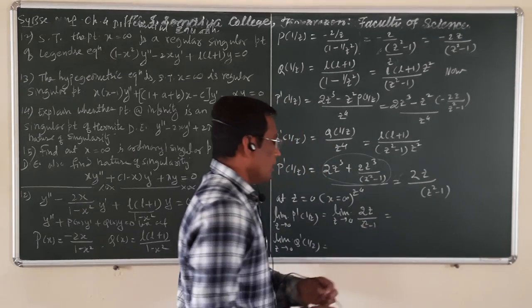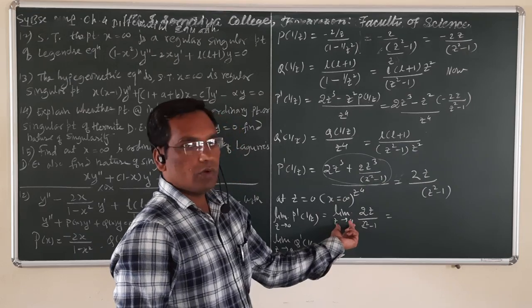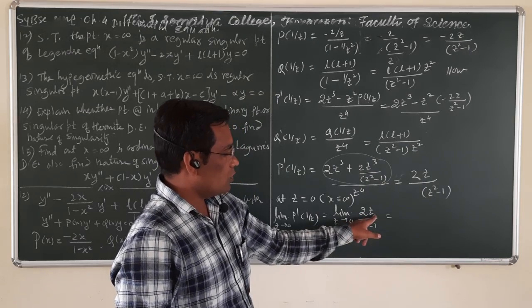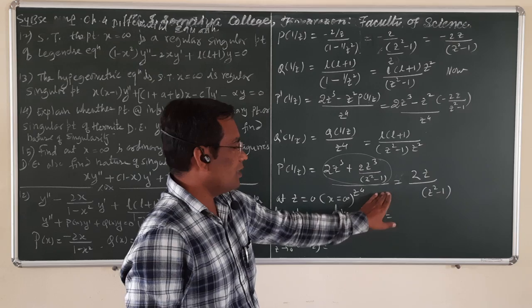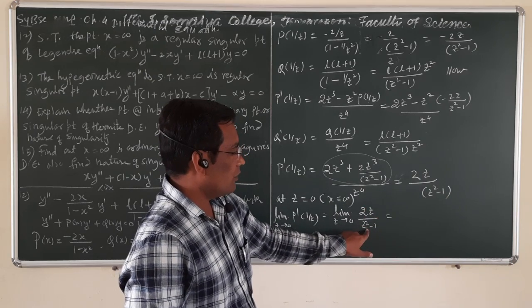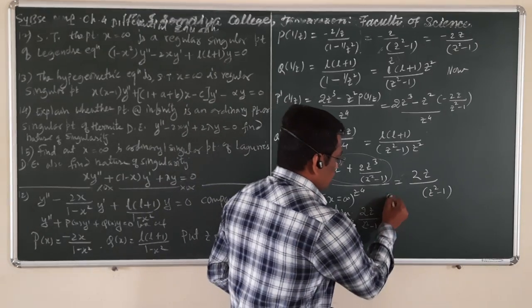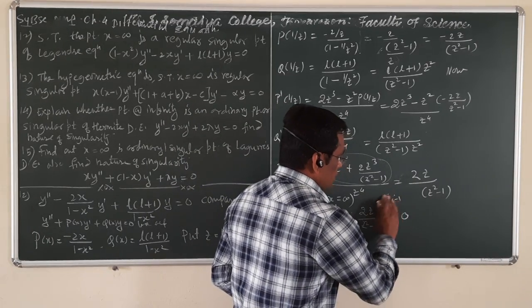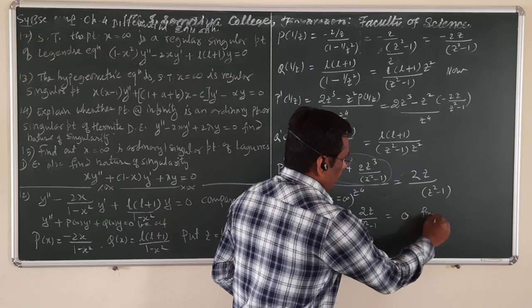If we put the value Z is equal to 0, so 2 into 0, which is 0, so in the numerator we have 0, and in the denominator Z square, which is 0, minus 1. So 0 divided by minus 1 is 0, and which is finite.